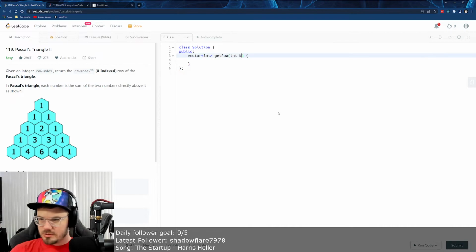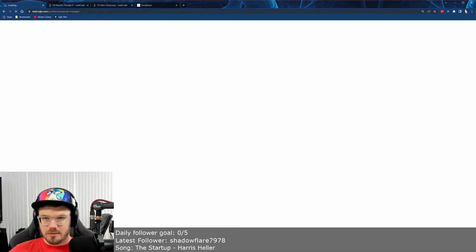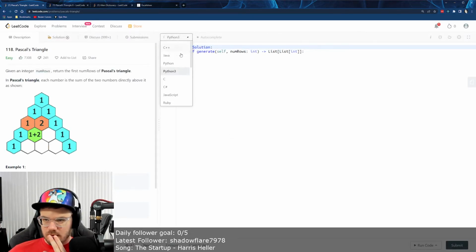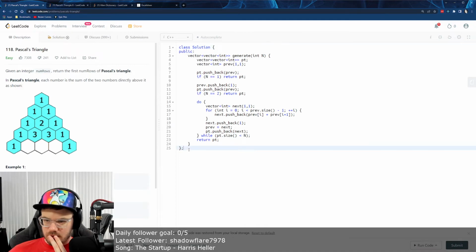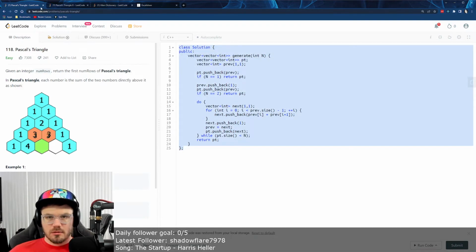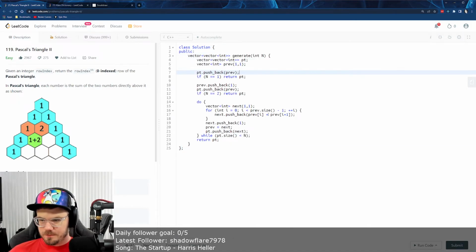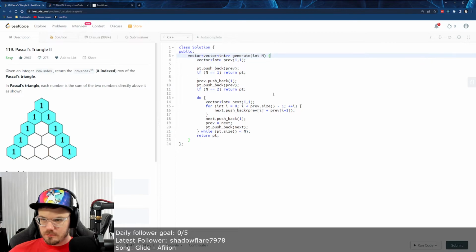So let's just call this n, and what I'm actually going to do here is to save some time. I'll copy my code from the previous problem, and I'll reuse parts of it. So yeah, if I just paste this in, I don't need PT anymore, but I do need an integer I to keep track of what row we're on.